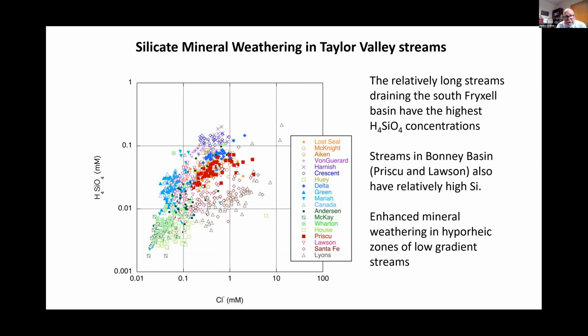And because of the very, very low concentrations of dissolved silica in ice and snow, the vast majority of this silica is coming from the weathering of aluminosilicate minerals in the streams themselves.